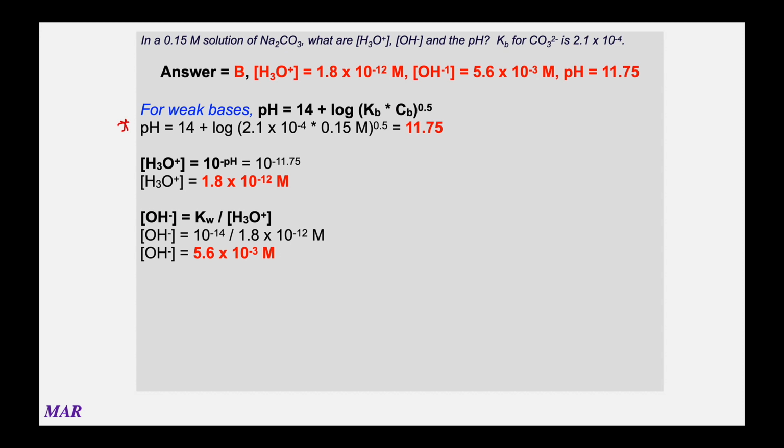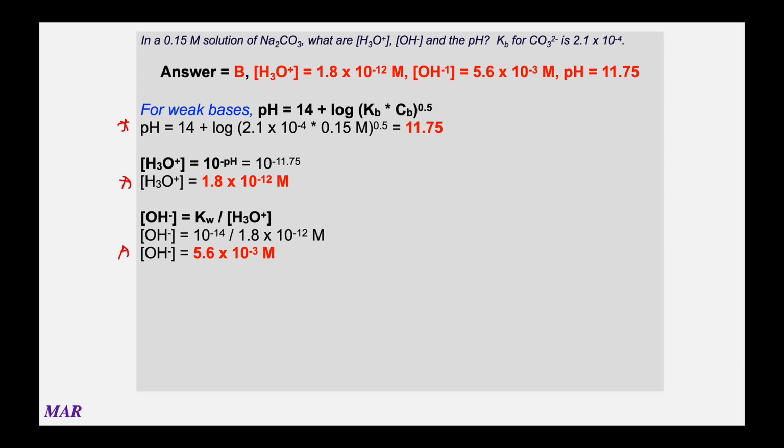Then hydronium equals 10 raised to the power of minus 11.75. That's where the 1.8 times 10 to the minus 12 number came from. And hydroxide equals Kw divided by hydronium. That would be 5.6 times 10 to the minus 3. Again, you could have found hydroxide first. Hydroxide would be the square root of Kb times Cb, and you work your way to hydronium and pH. There are many different ways to do it.